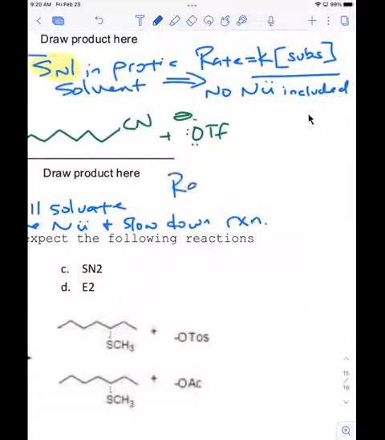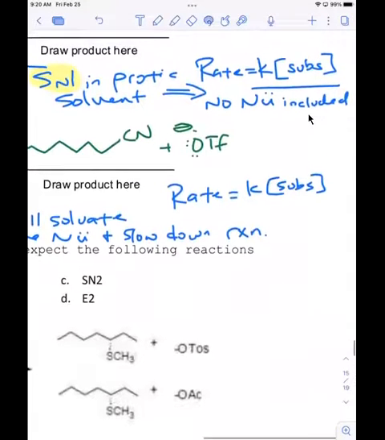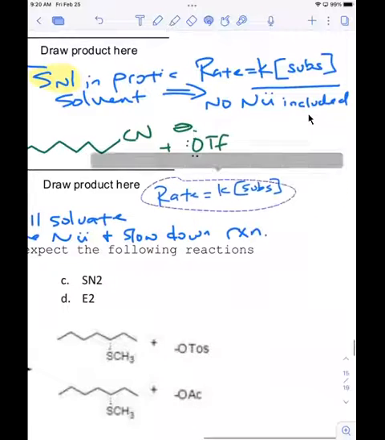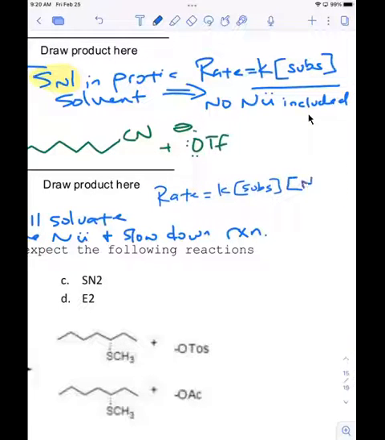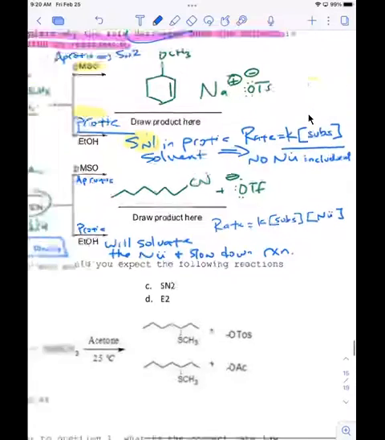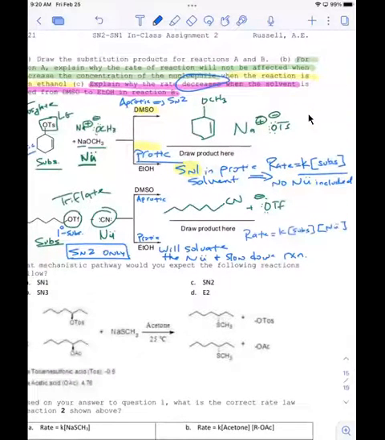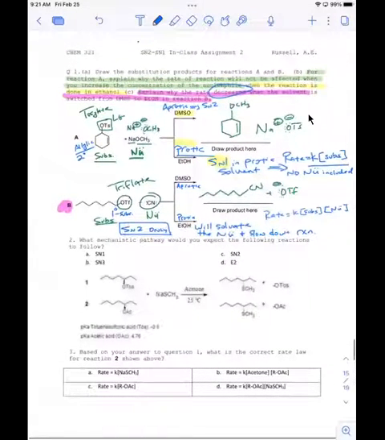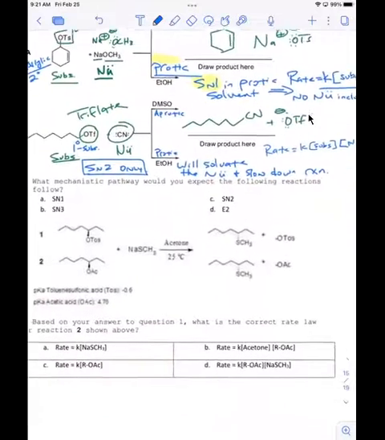So rate in this case equals K times the concentration of the substrate, and then times the concentration of the nucleophile. Right, so both substrate and nucleophile are involved in the rate, and that's because it's a second order reaction, and it is bimolecular. All right, let's go down to the next question, unless there are questions about that. All right, let's go to the next question.